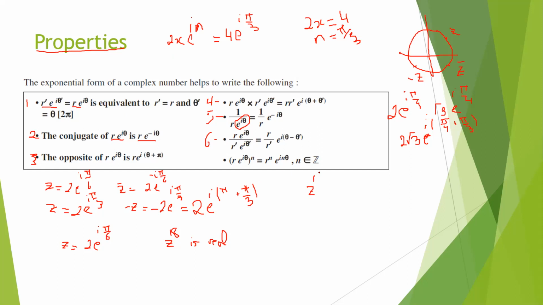I can put z to the power 18 equals (2 e to the i pi over 6) to the power 18.